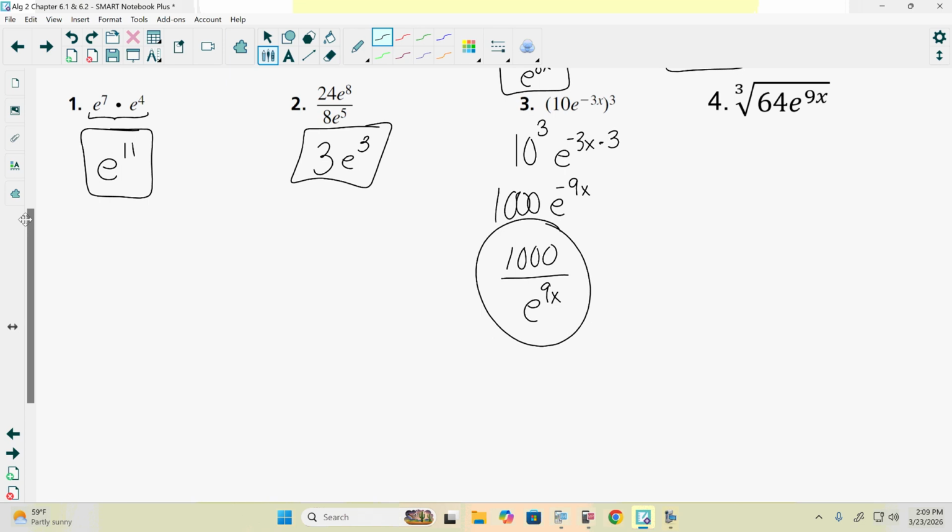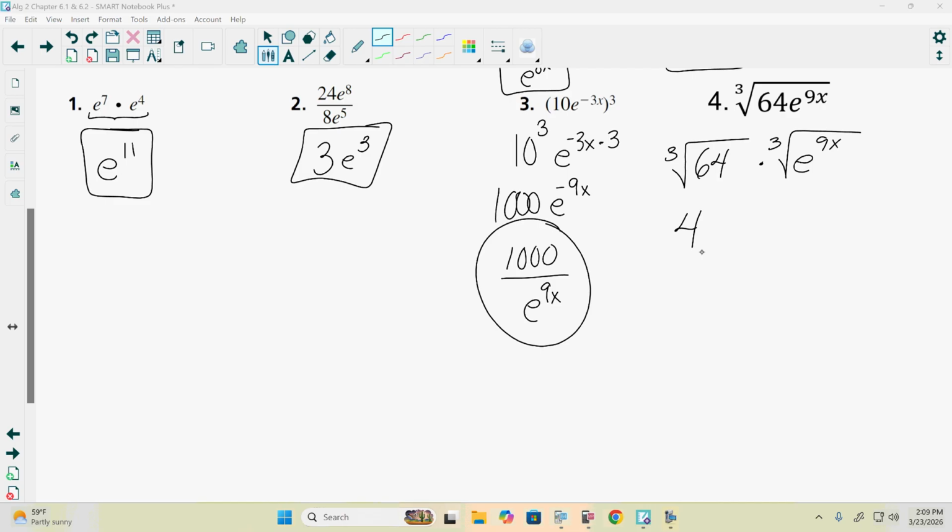Cubed root of 64e to the 9x. Well, we can do a similar thing. Cubed root of 64 times the cubed root of e to the 9x. Now, cubed root of 64 would be 4.